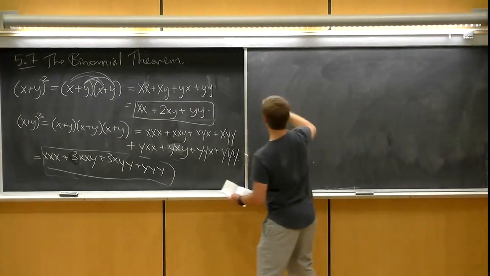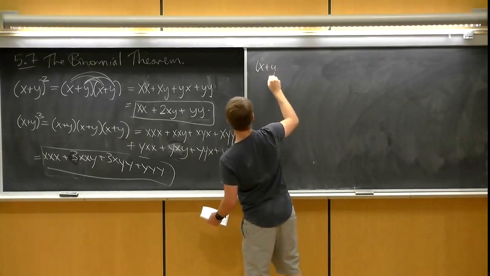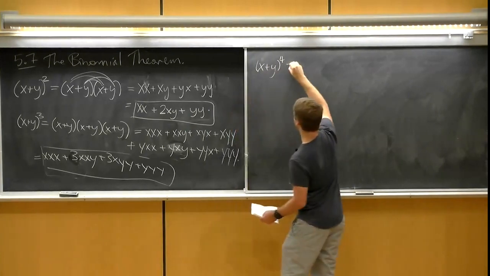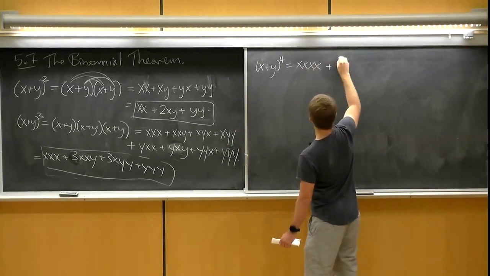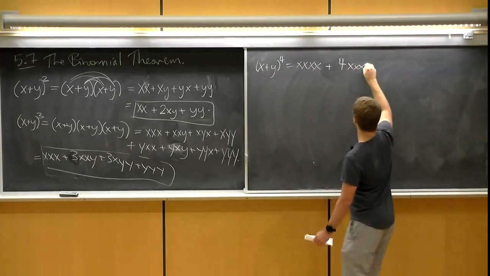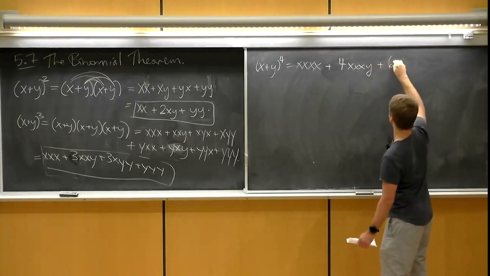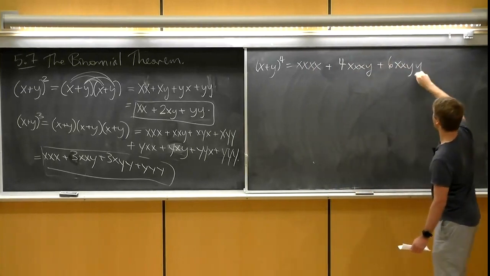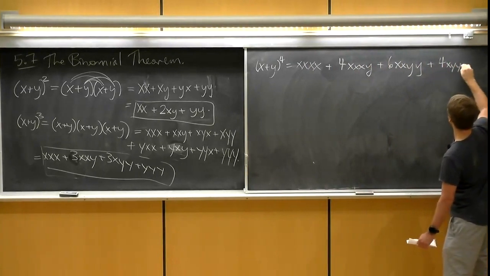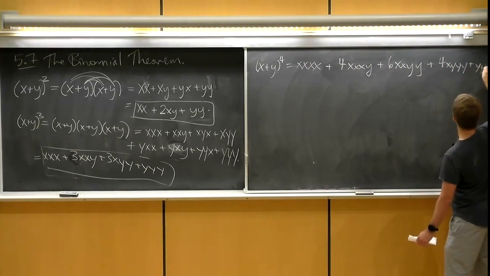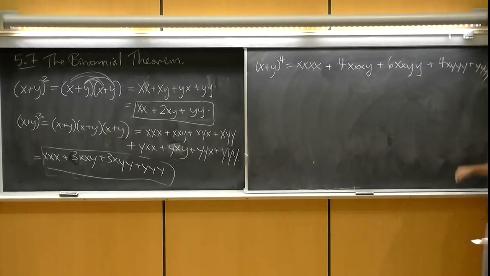I'll write it down, but you can check it yourself: to the power 4, I have xxxx plus 4 xxxy plus 6 xxyy plus 4 xyyy plus yyyy.